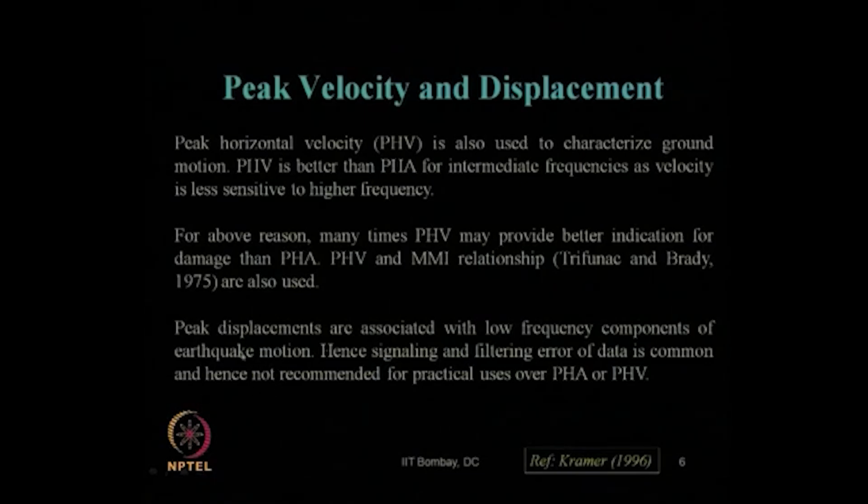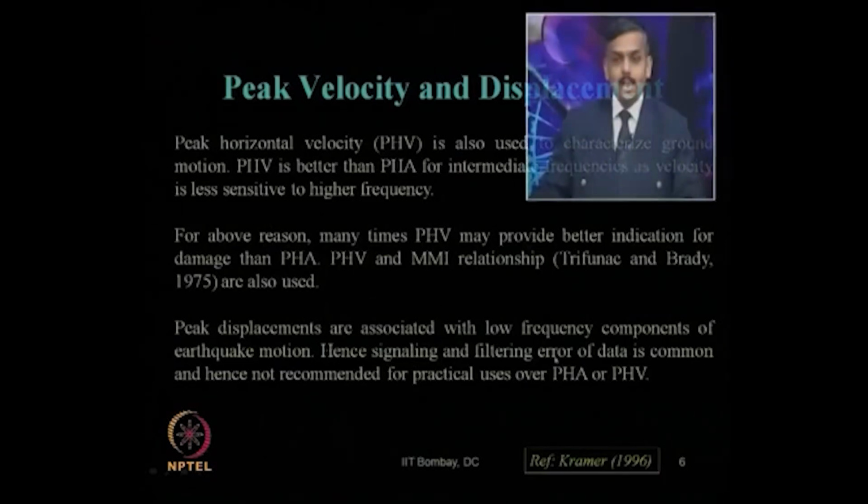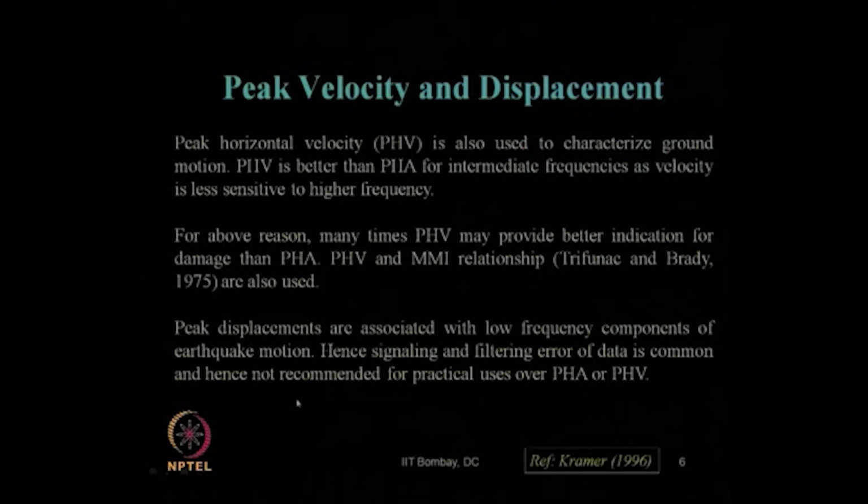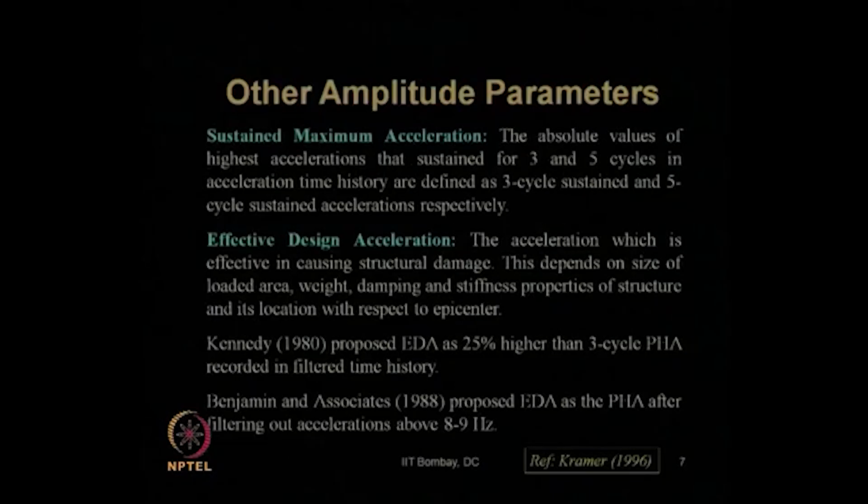Whereas the peak horizontal displacement and peak vertical displacement, though they are associated with the low frequency content, because of the filtering error, that is after filtering out the noises etc., it will be very difficult to get reliable results in terms of your peak displacement values. So, that is why in most of our earthquake engineering design, we use either PHA, that is peak horizontal acceleration, or PHV, peak horizontal velocity.